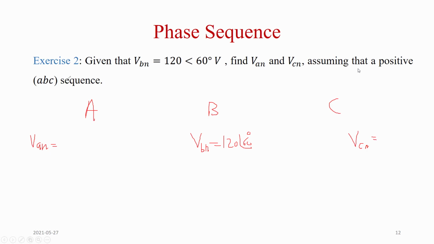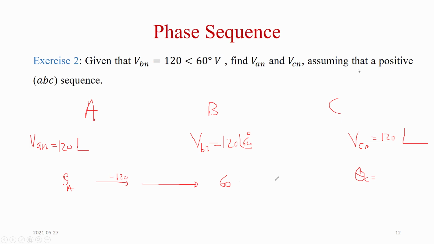Now, we know that if the system is balanced, the voltage for all of them is the same. So it's going to be 120, 120. The angle here is 60. The angle here is theta, here is 60, theta A. And here's theta C. Now if we subtract theta A minus 120, it should give me 60.